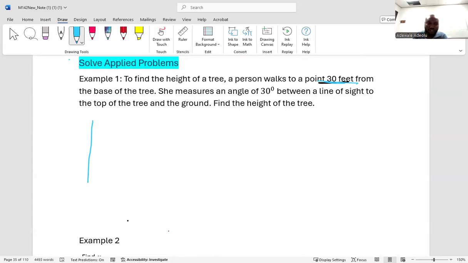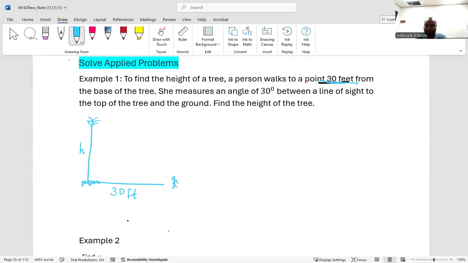Now, to know the height of this tree, let's say this is the tree and the roots, the ground. To know the height of this tree, a person walks 30 feet away from the base. And now we have the person here who wants to know the height of the tree.